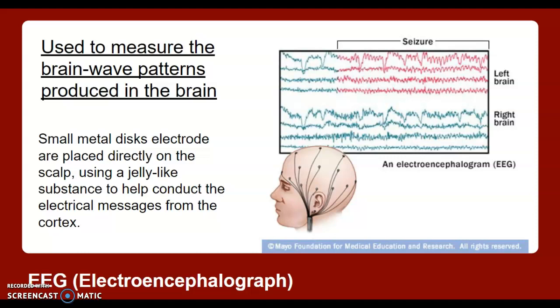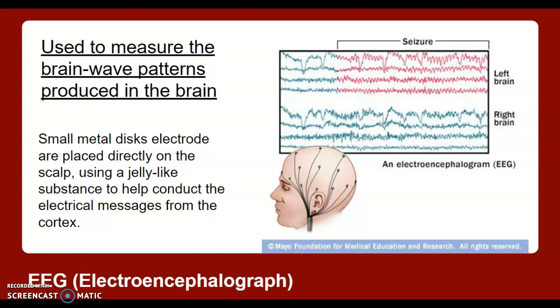The EEG is technically, again, not a brain scan, but it's a useful way of non-invasively observing signals from the brain. It can show how long the brain takes to process a stimulus, or show if a person is asleep or awake. If you've ever had a sleep study, or if you know somebody who has, they've had an EEG that will measure what brain waves are taking place during their sleep cycles.